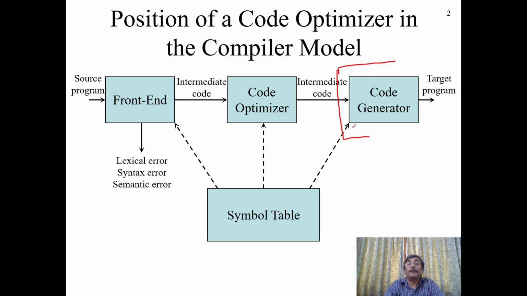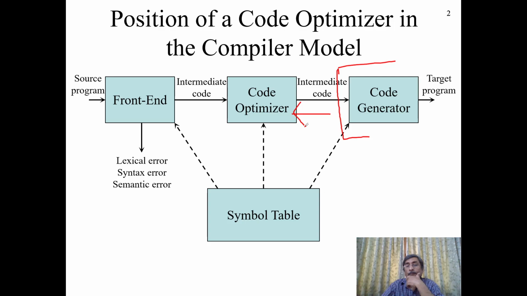But to the left of it, everything is pretty portable code, and that's called the front end. The end of the front end is the code optimization. The input to the code optimizer will be intermediate code. Output will also be intermediate code, but the code will be optimized.